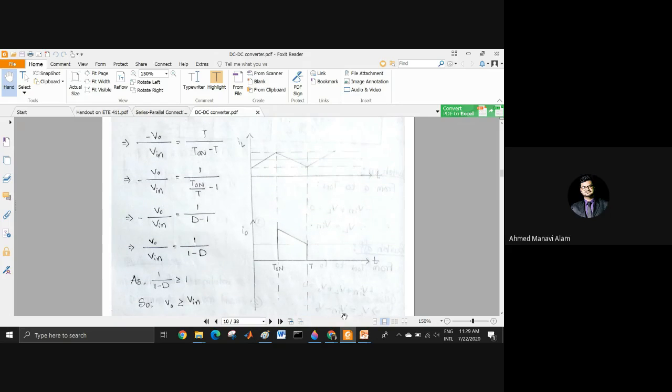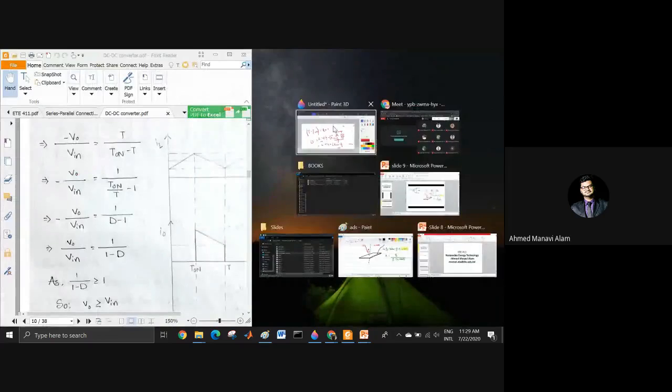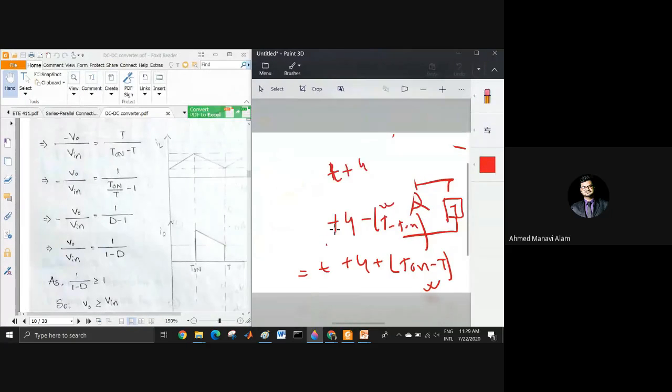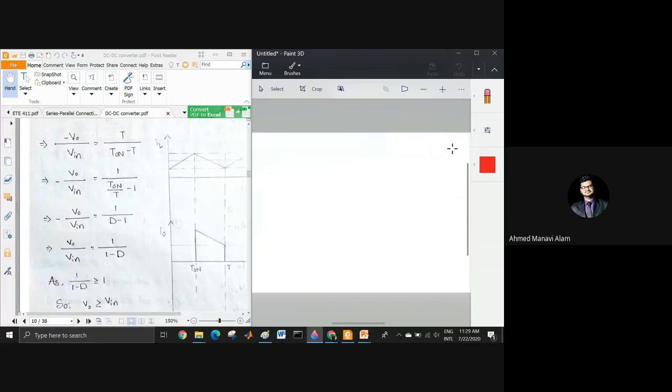Now if you remember, in the beginning of the class I told you that the duty cycle is always less than 1. So in 1 minus d, d is less than 1.